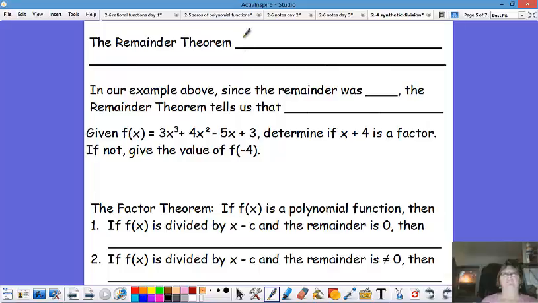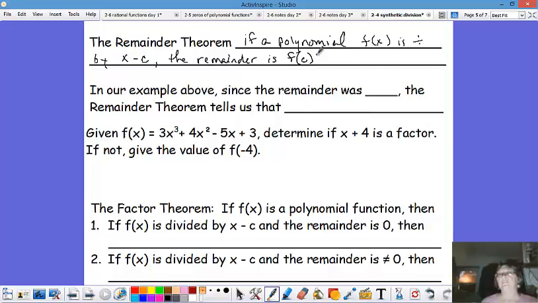The remainder theorem very simply says, if a polynomial f of x is divided by some binomial x minus c, the remainder is the value of the function at c. The remainder is f at c.